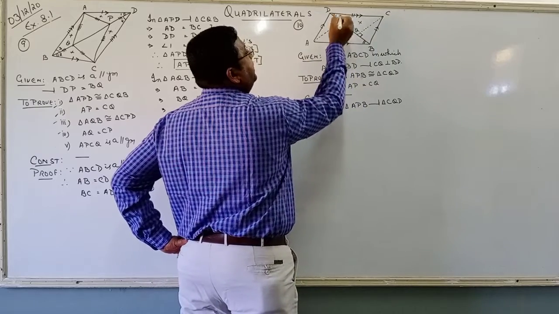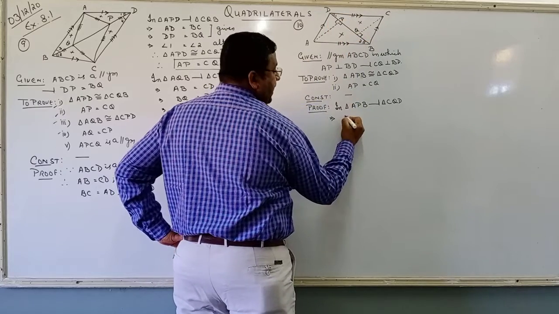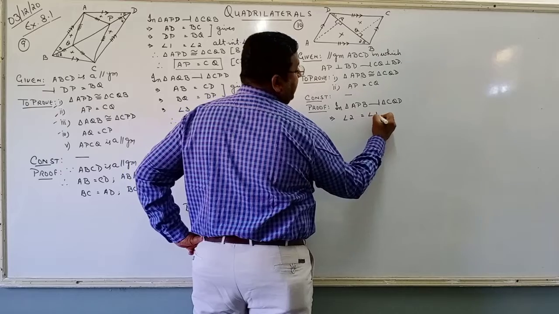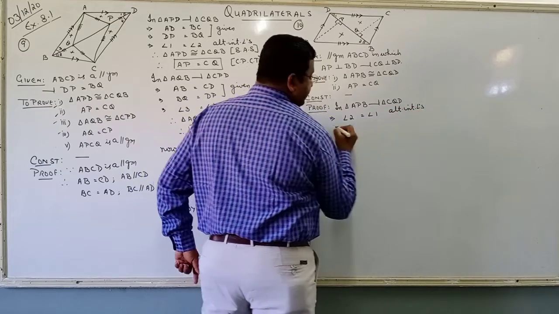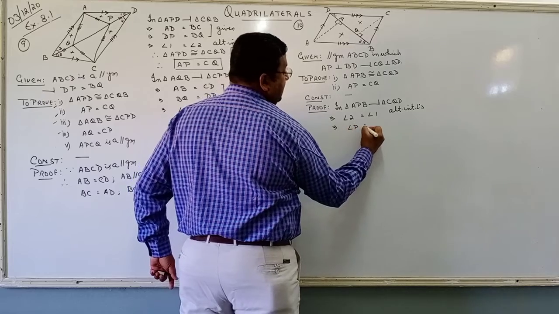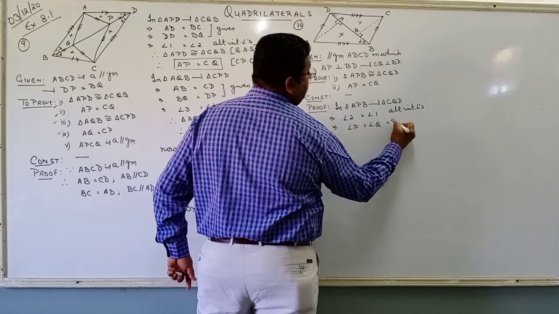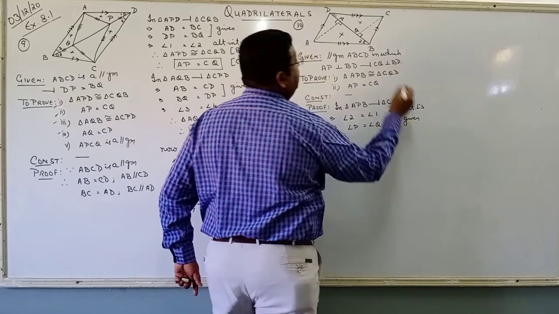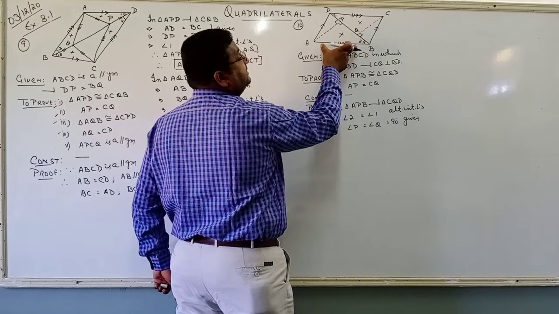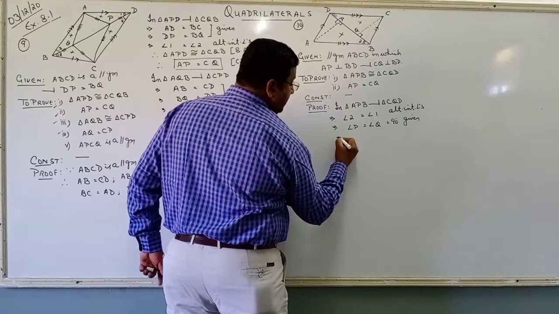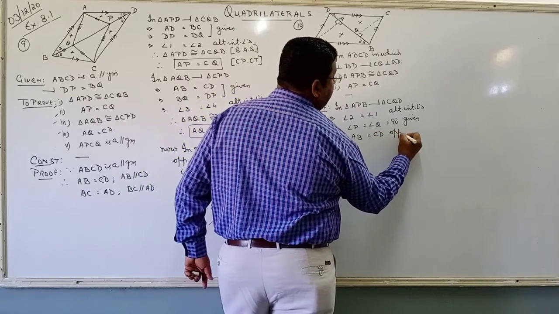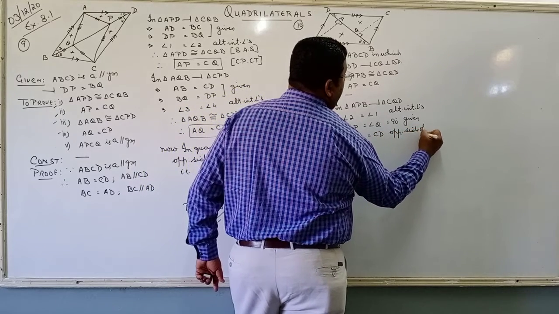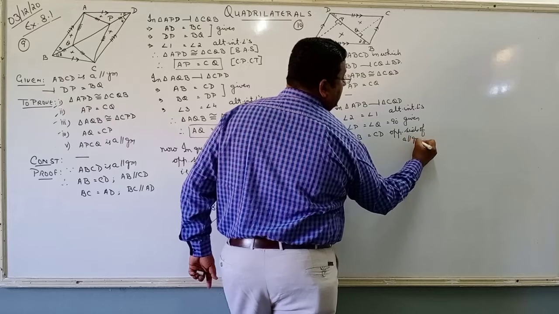Angle number 1 equals to angle number 2, angle number 2 is equals to angle number 1. Reason, alternate interior angles. Then angle P is equals to angle Q is equals to 90 given to us. Can you see that? And is the side AB equal to CD? Side AB is equals to CD, opposite side of a parallelogram.